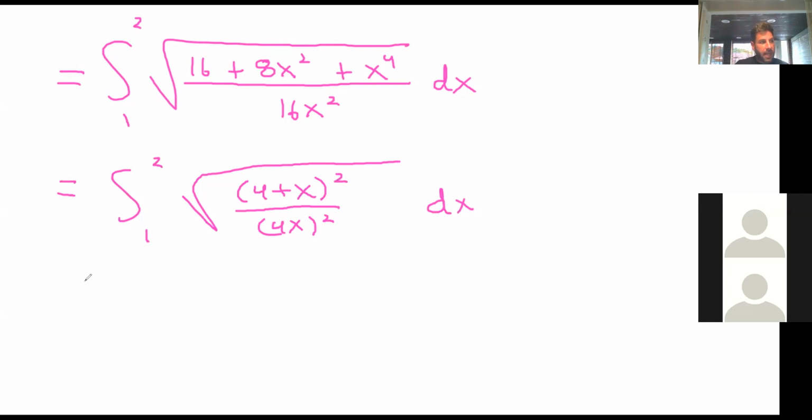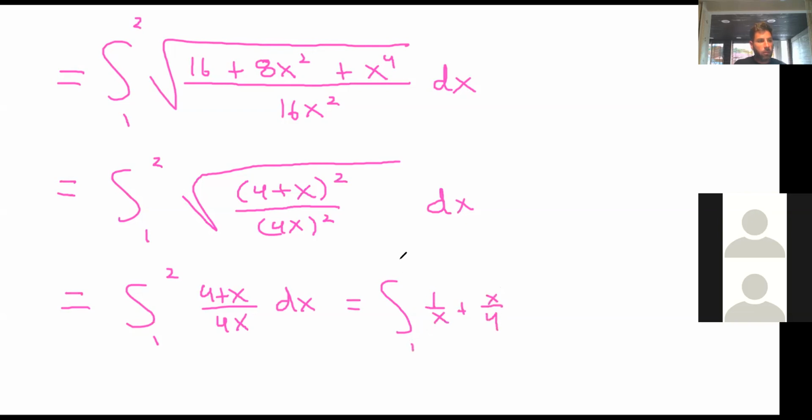Because if what's inside a square root is a perfect square, then they essentially cancel each other out, and all you're left with is 4 plus x over 4x. Square root kills square. And even more usefully, you can now simplify this expression. This is the same as 1 over x plus x over 4. Ain't this something?